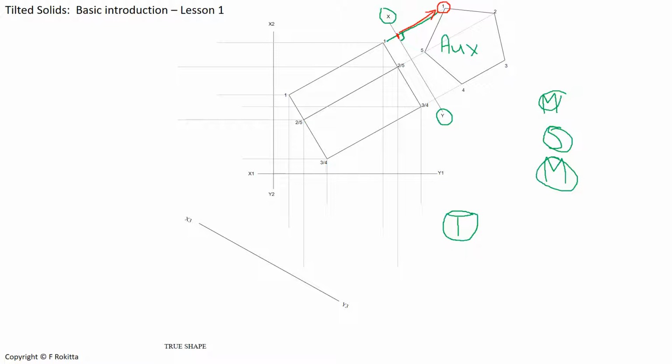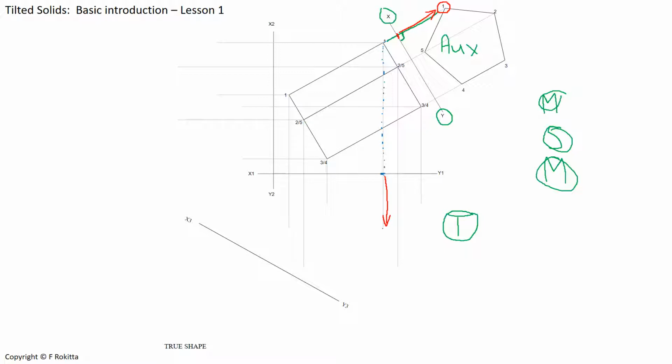Once I've measured the distance from the XY to number 1 on the auxiliary view, I follow the path of the projection to number 1 on my front view, and then I will also follow that path all the way down vertically to the top view. Once I've reached the XY, I know that I need to measure the distance of number 1 that I've measured at the auxiliary view and carry that over now onto my top view.